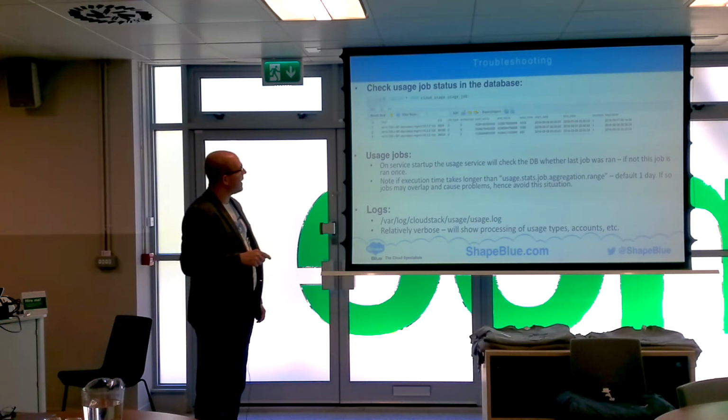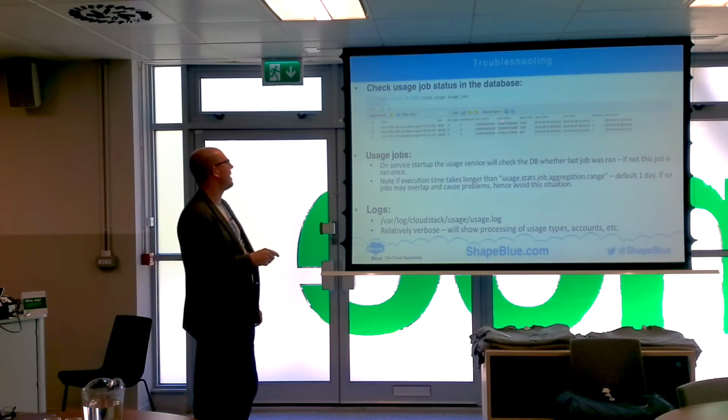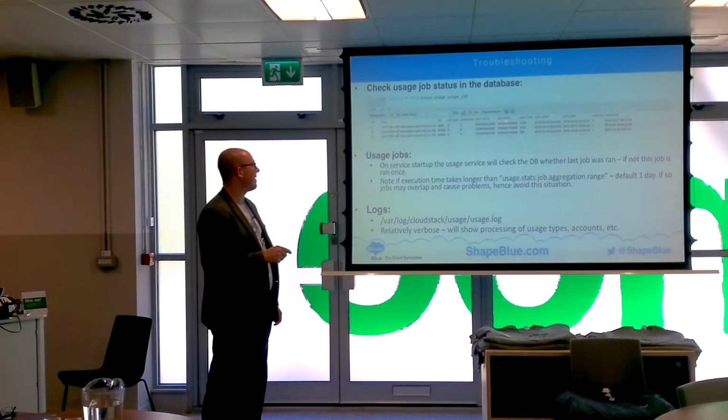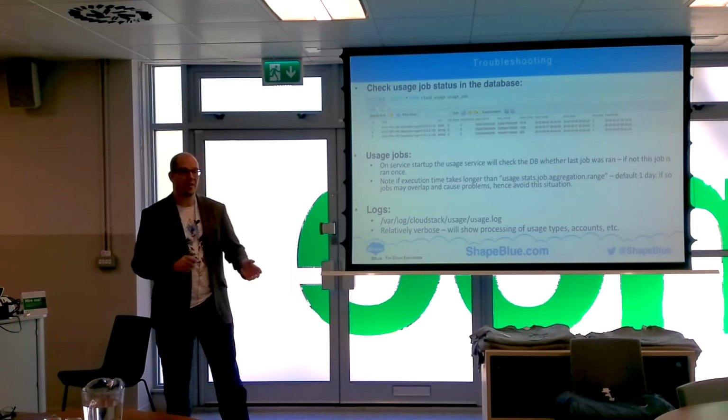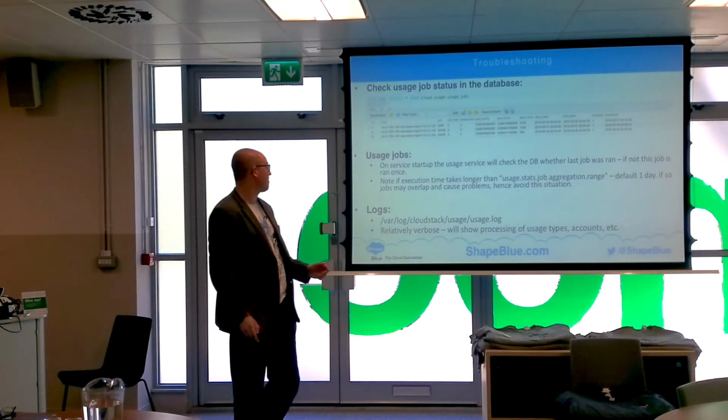It'll tell you at which point it ran its job, and what the start date and end date of that job was. It then uses the epoch time in milliseconds of these two timestamps in its calculation and aggregation of usage data.